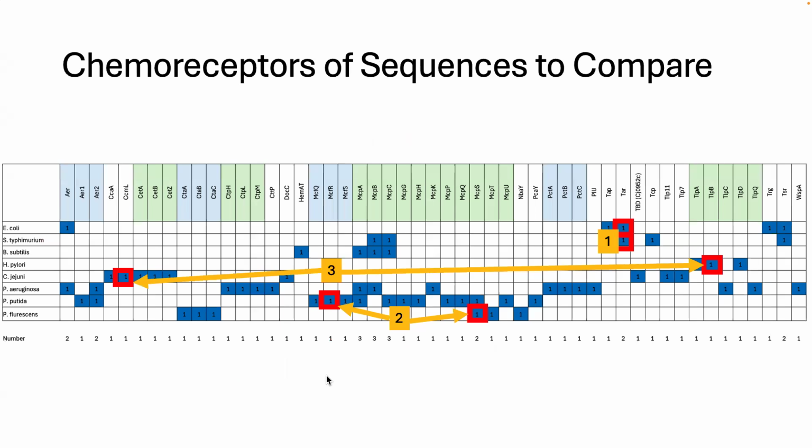Just to use that one chart to show those three groupings, this might be another way to think about it. So here is the ortholog. Anyway, these are the three groups that I wanted to have us refer to, okay?